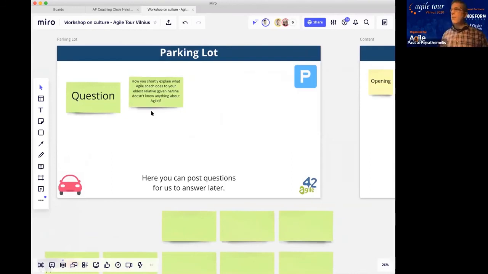How would you shortly explain what an Agile coach does to your eldest relative, given she doesn't know anything about Agile? My eldest relative was in a home for elderly people, 102 years old, and passed away two weeks ago.